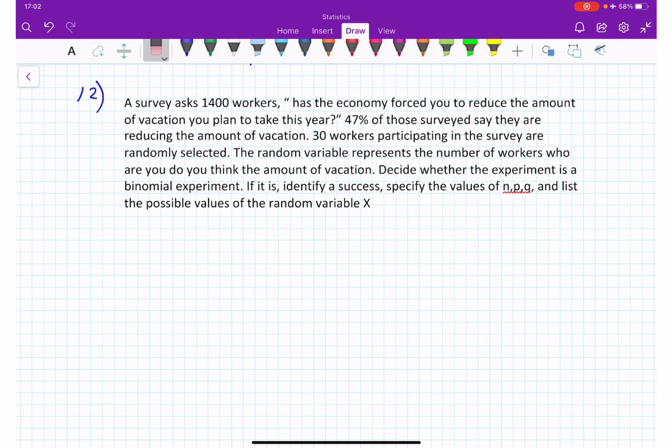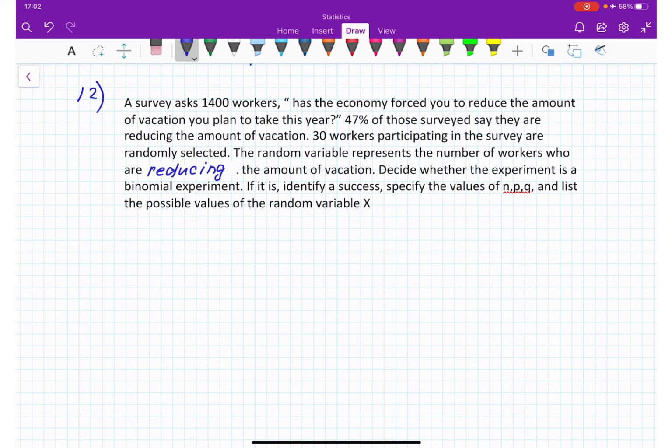The random variable represents the number of workers who are reducing the amount of vacation.